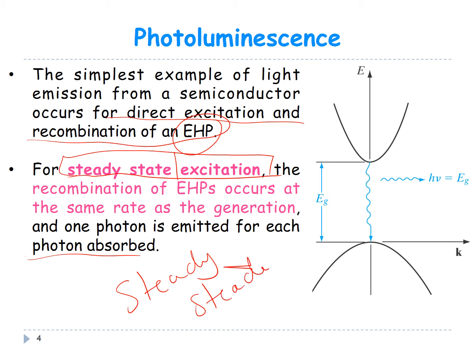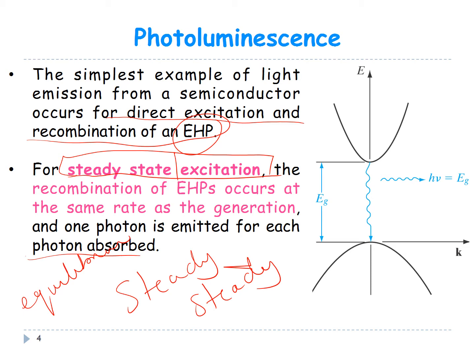Okay, so at thermal equilibrium, when you have no external excitation except for temperature, we call that condition the equilibrium condition. This is the condition where you have no currents flowing in this semiconductor, for example. There is no net motion. The only thing that's generating electron hole pairs is heat or temperature.